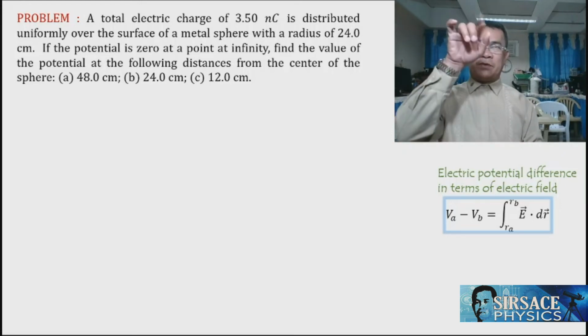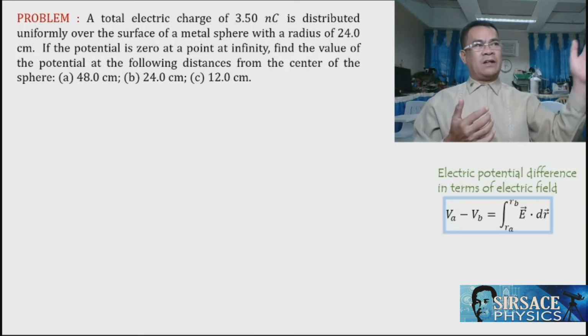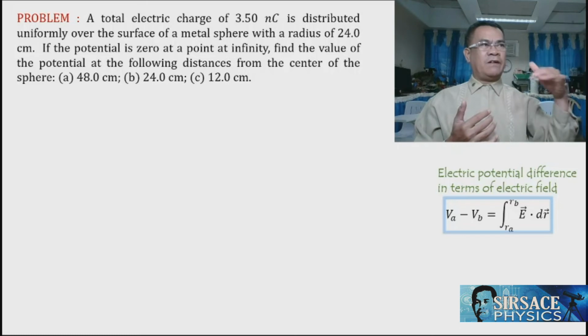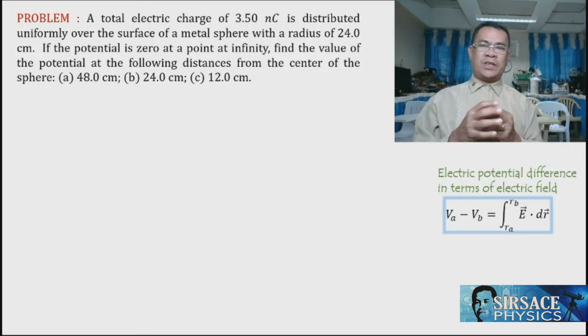Because when you use the formula, if you are looking at a distance of infinity, r is going to infinity, so you have to divide by a very big number. So approximately the potential at that point is 0.